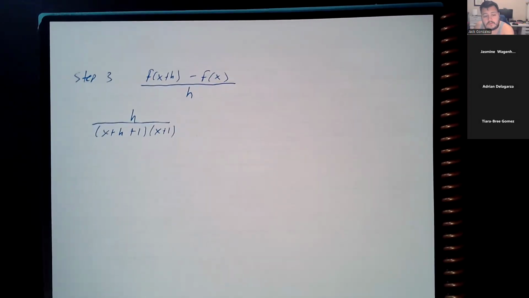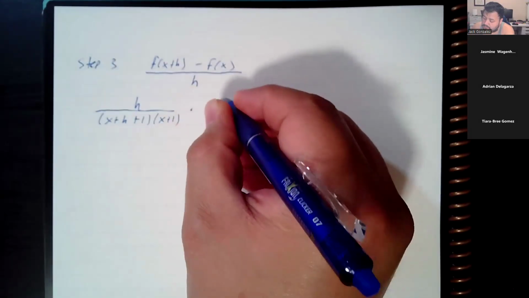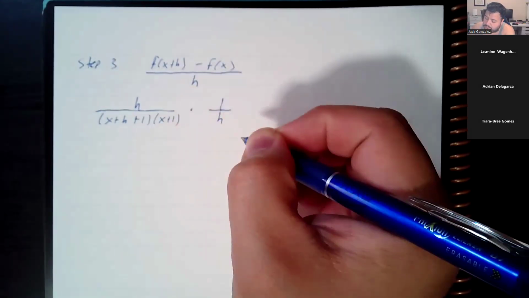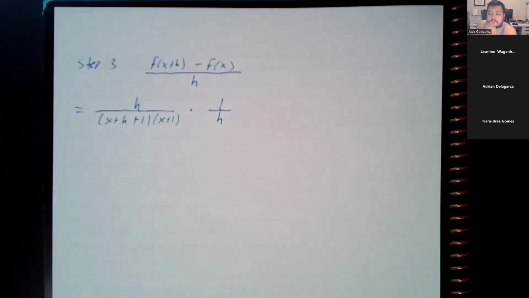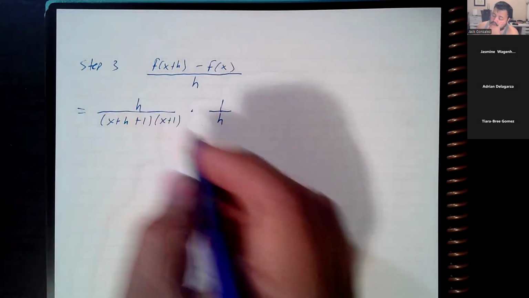Okay. Do you agree that dividing by h is the same as multiplying by 1 over h? So this, you see how they're going to cancel, right?